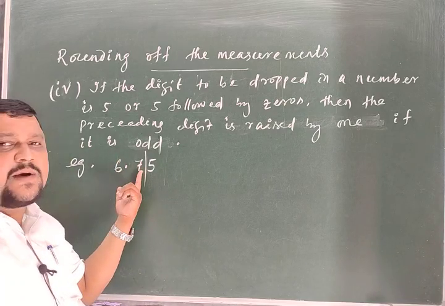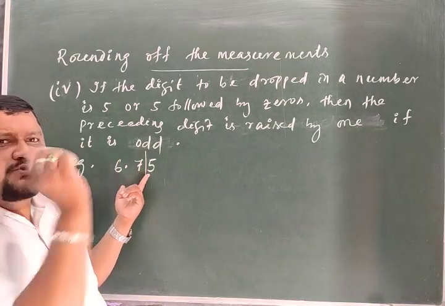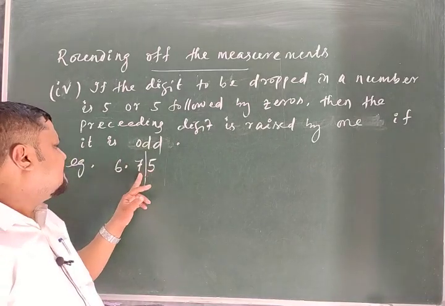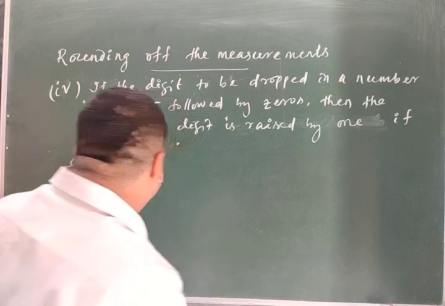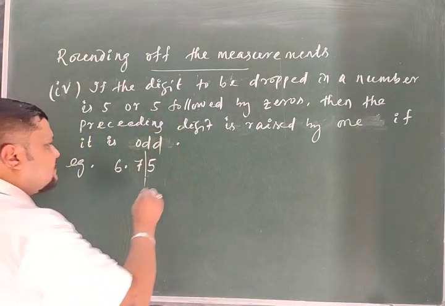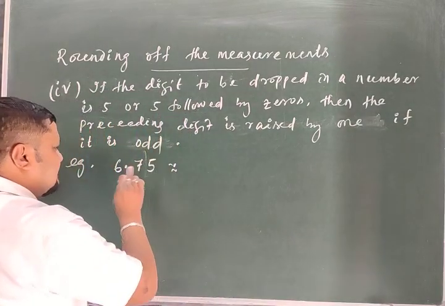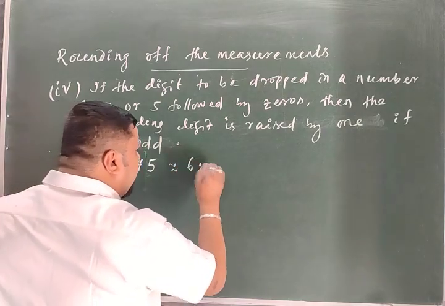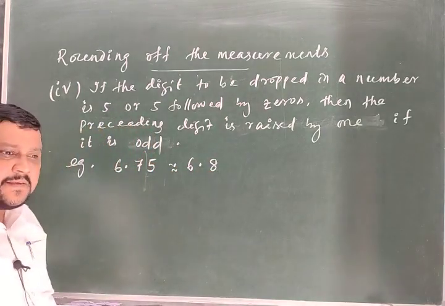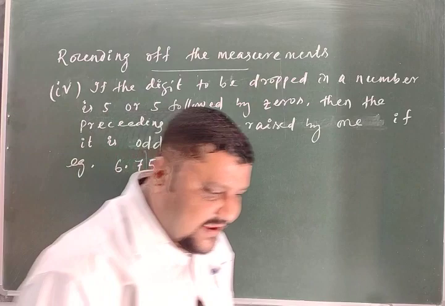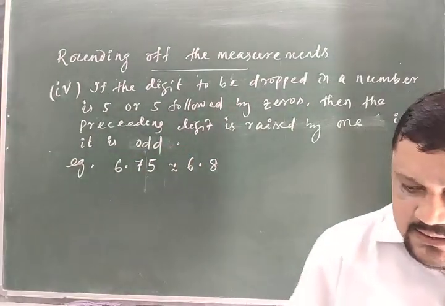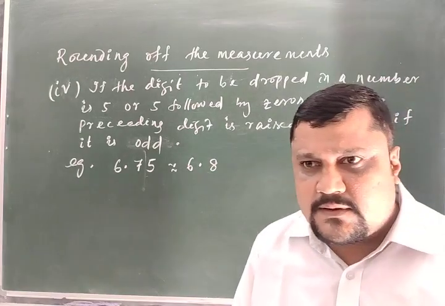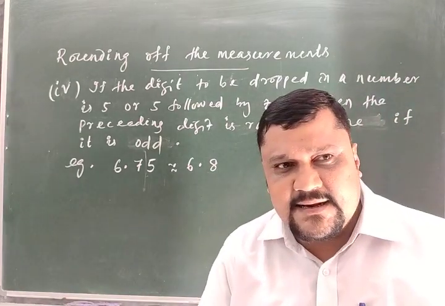The preceding number is 7, and 7 is an odd number, so you have to raise it by 1. So if I drop this, I write 6.8.